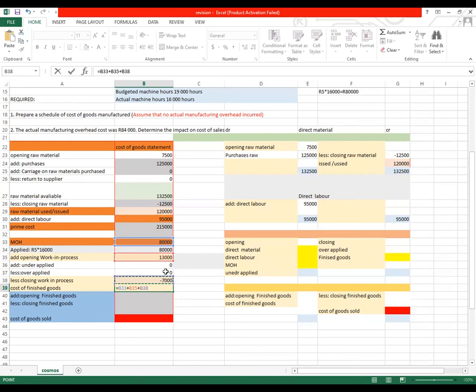She said the manufacturing overhead plus opening minus closing, ne? She left the prime cost. You left the prime cost, you see, plus prime cost. I get 301,000 of finished goods transferred.